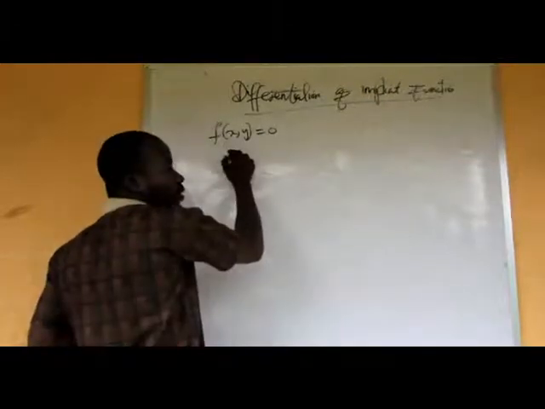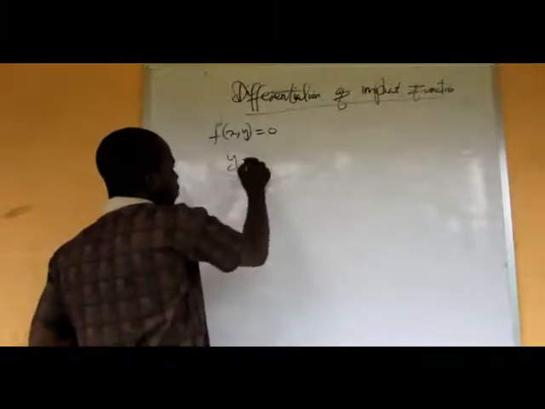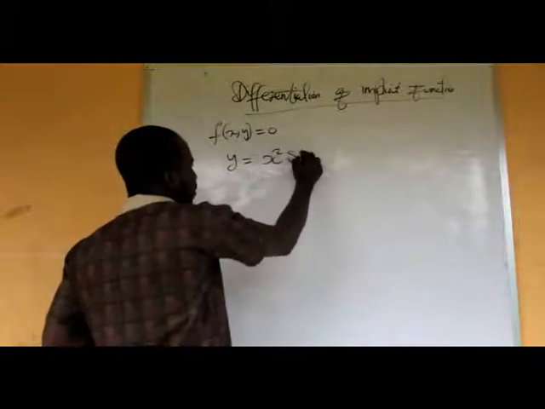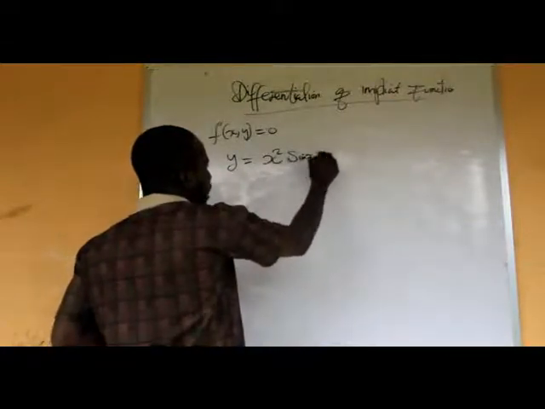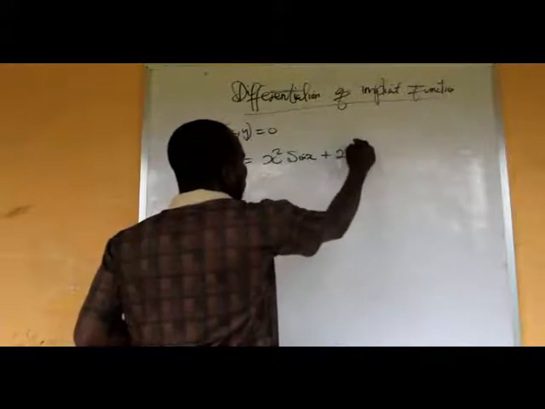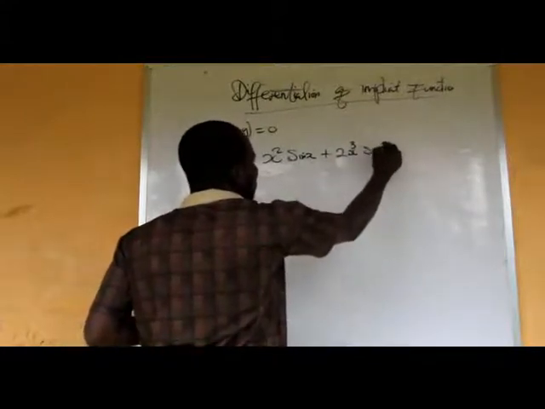That's y equals x squared sin x plus 2x cubed sin square x.